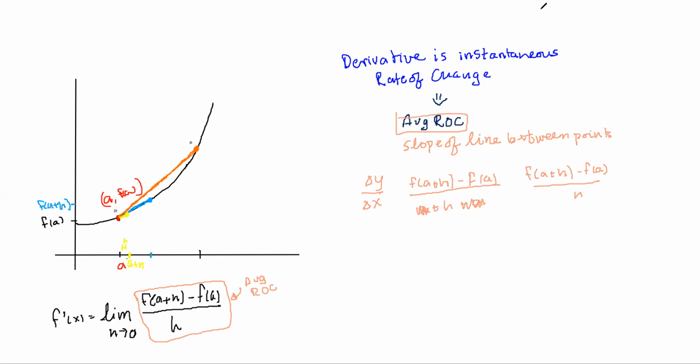And in principle, what is going to happen is that h will continually be smaller. So h is approaching 0, right? H is going to get really, really, really, really small until it's basically what's going on at A. And what's going on then is we'll have a line that is tangent to the curve.